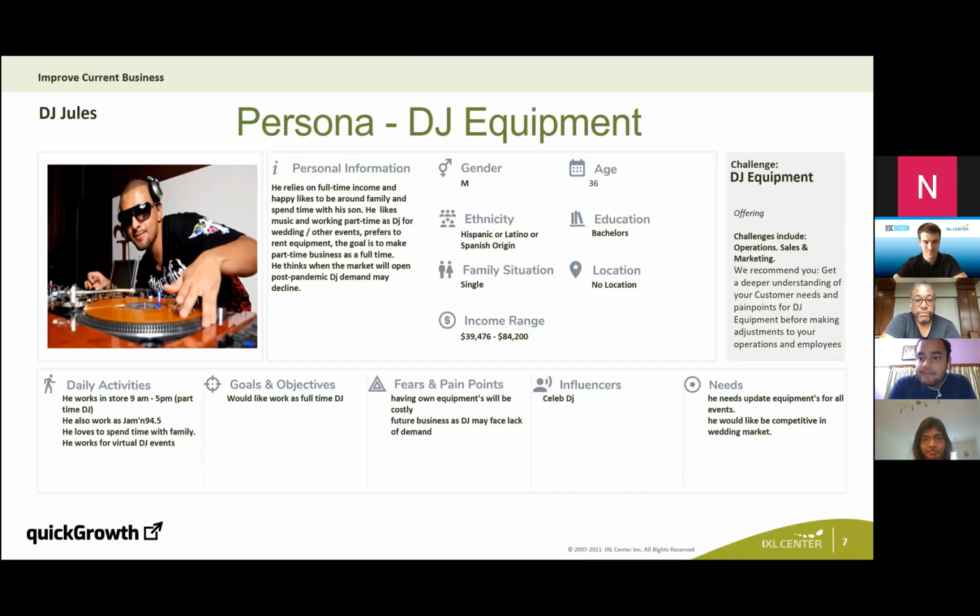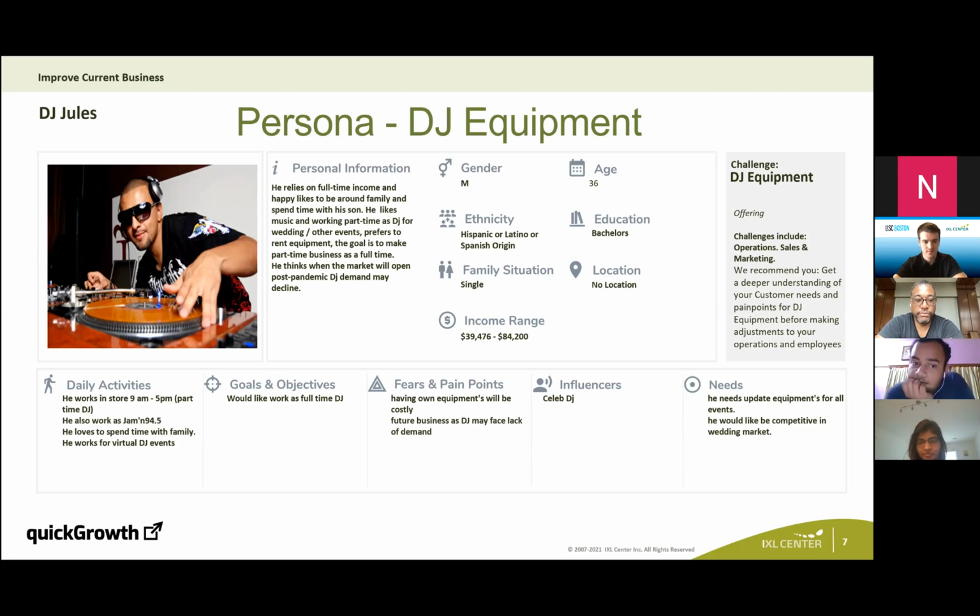Thank you, Priyam. So let's take a look at the persona of a typical customer who rents DJ equipment from New England. DJ Jules is 36 years old and he has a bachelor's degree. He works full-time at the store from 9 to 5. Since he loves music, he also works at Radio 94.5, and he does part-time DJ work for weddings and other events.